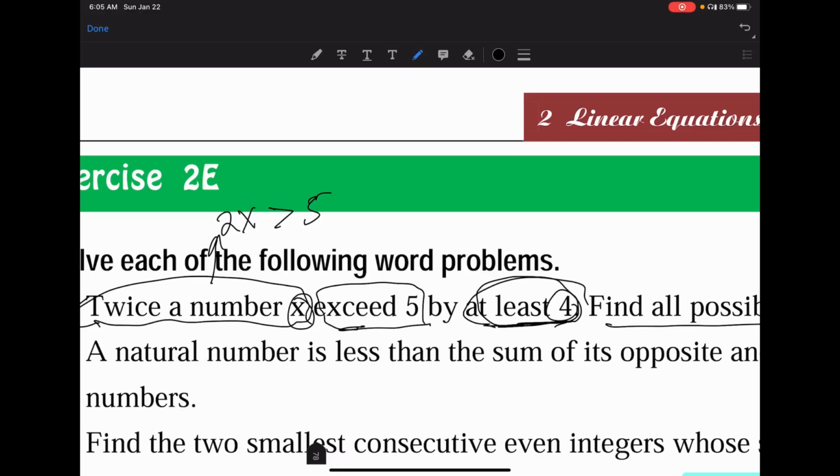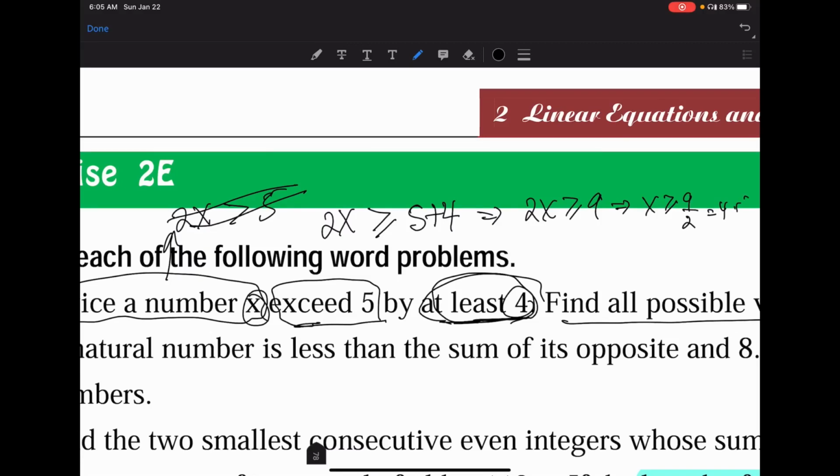So we write 2x is greater than or equal to 5 + 4, so 2x is greater than or equal to 9, which implies that x is greater than or equal to 9/2, which equals 4.5.